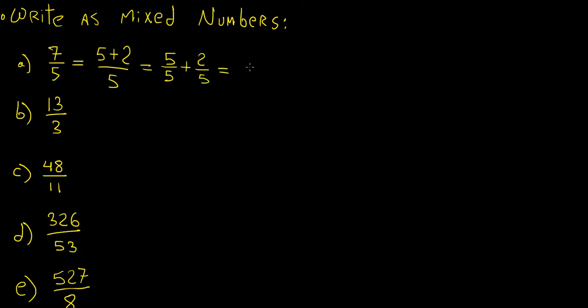Then this becomes 1 plus 2/5, or we can simply write that as 1 and 2/5. So that's the way that we write it. And we can go back to the 7/5 simply by multiplying this by 5, adding the 2 and dividing by 5 again. So that's going to give us 7 on 5.